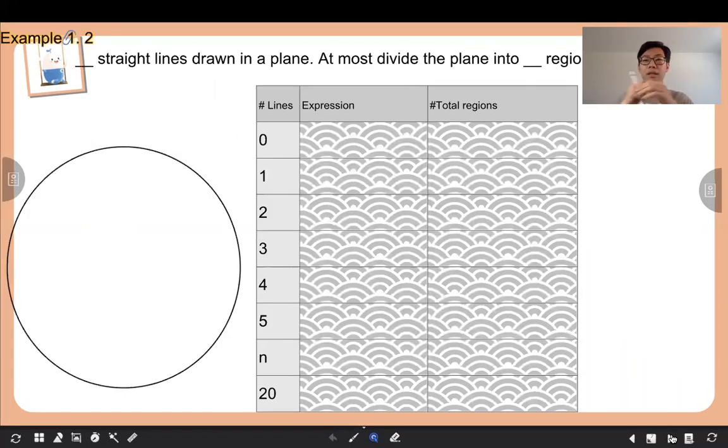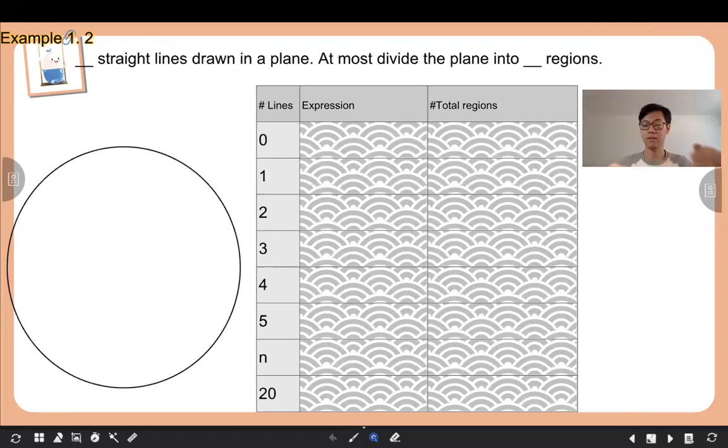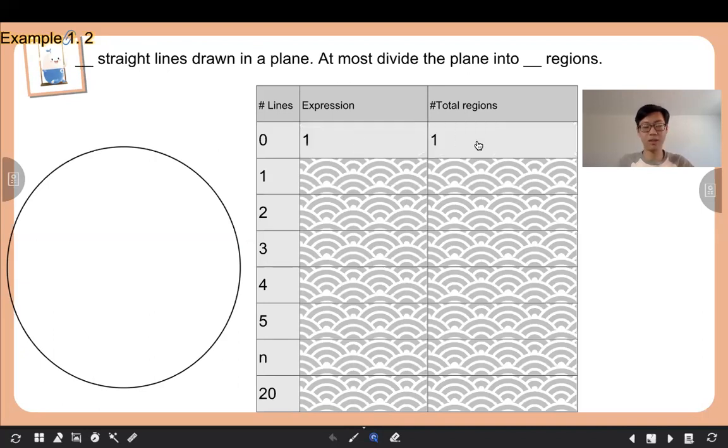Okay then, let's start with the simple case. We are here having no lines at all to start with. So that will be easy. How many planes do we have now with no lines at all? Yes, we just have one without needing to do anything. But how about we introduce the first line?